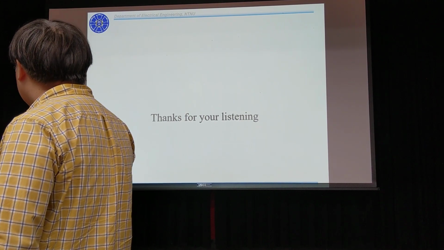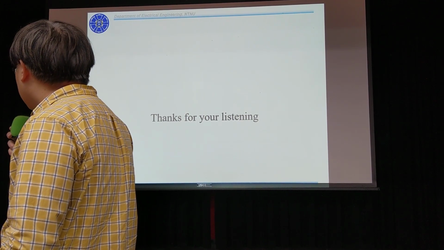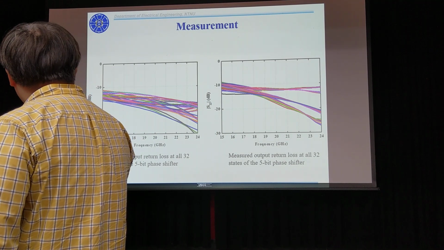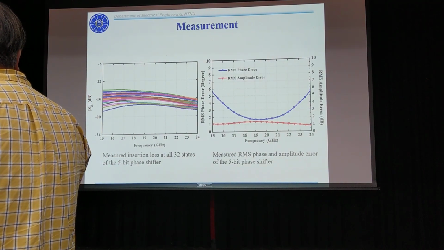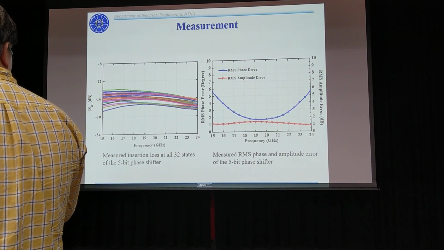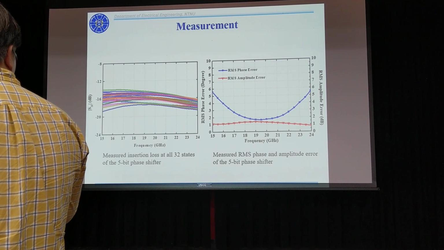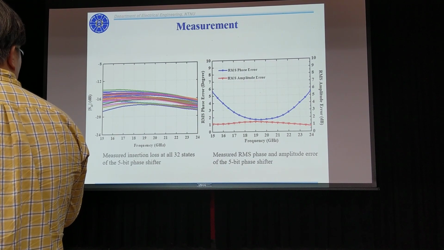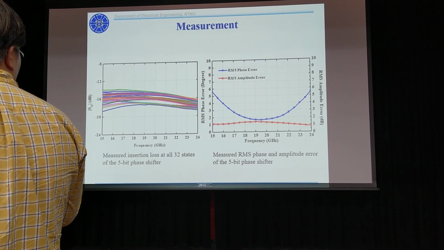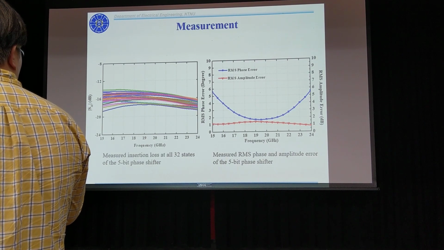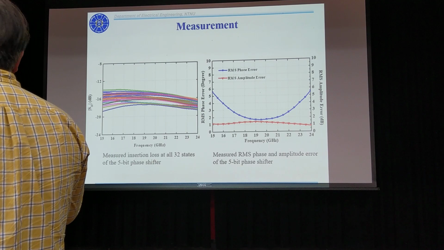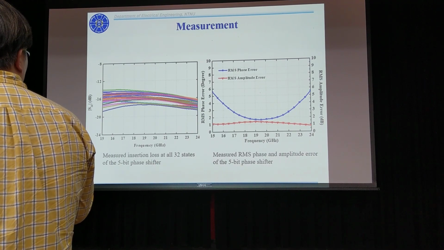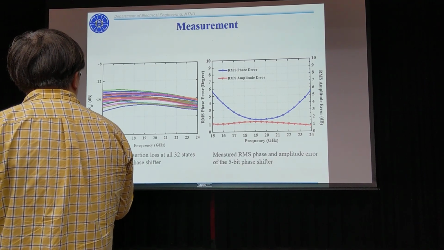For question number two, the suggested range of 17 to 21 gigahertz is a better bandwidth, because of the amplitude error and the RMS phase error.